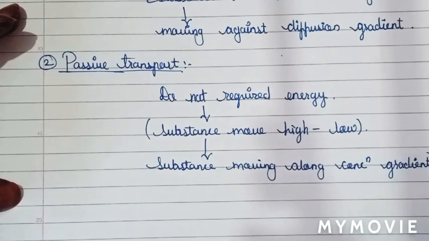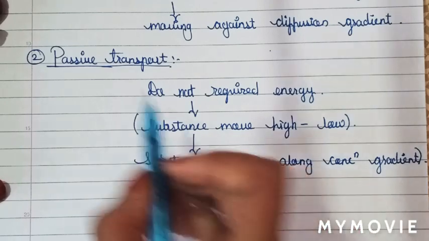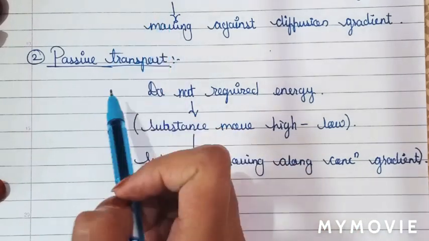So this was the active transport and passive transport function of the plasma membrane.